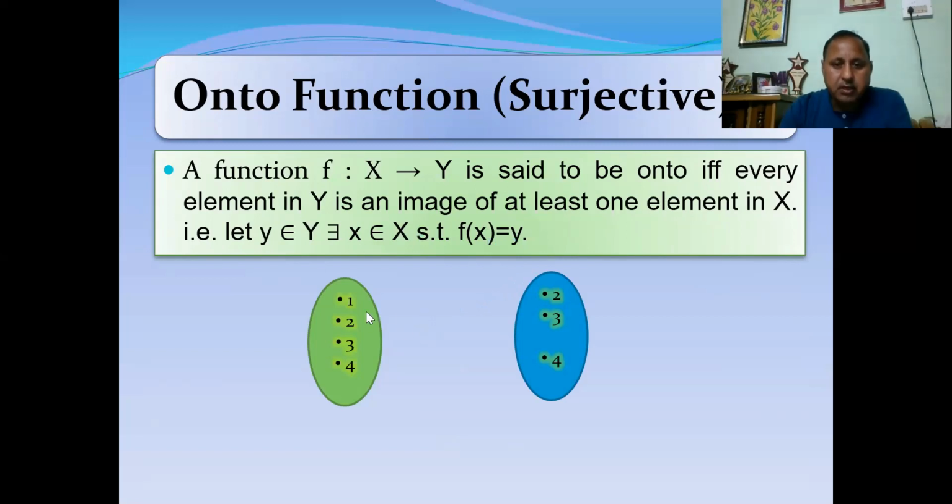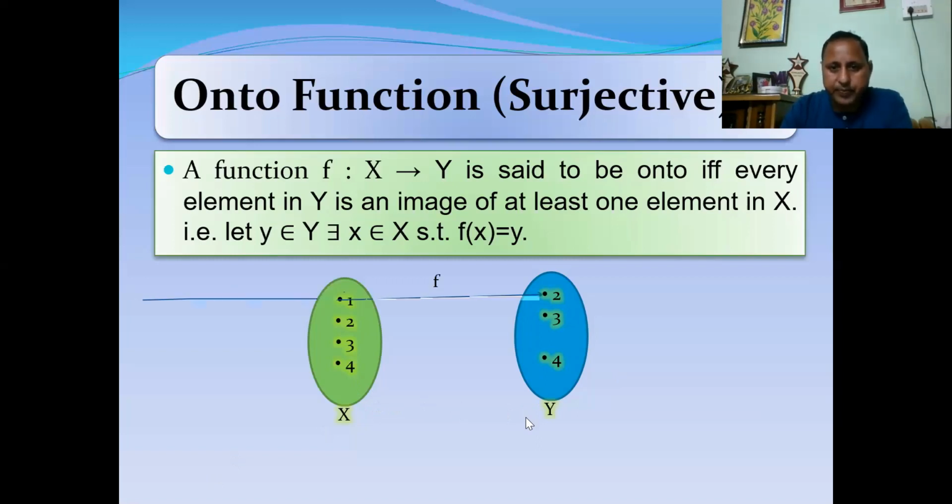Now you can see this again with the help of an arrow diagram. I have given you two sets: first set X is 1, 2, 3, 4 and set Y is 2, 3, 4. f is a rule.